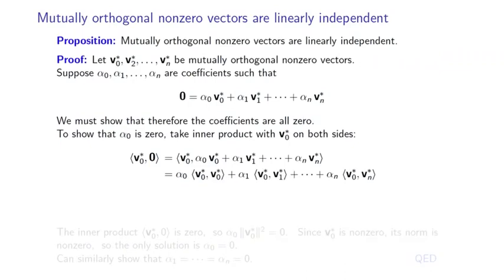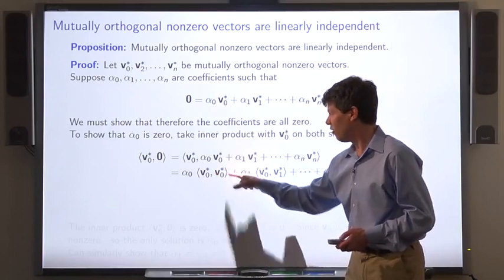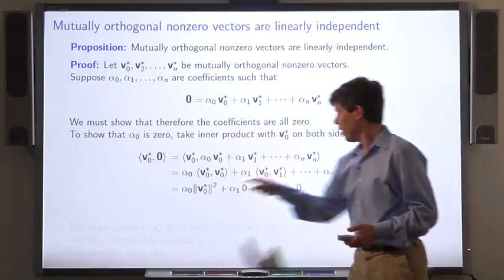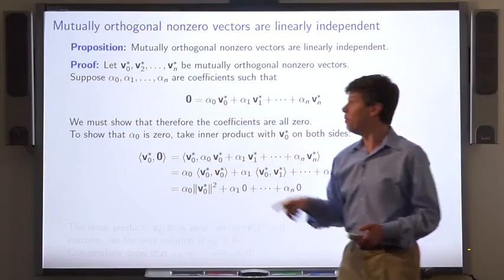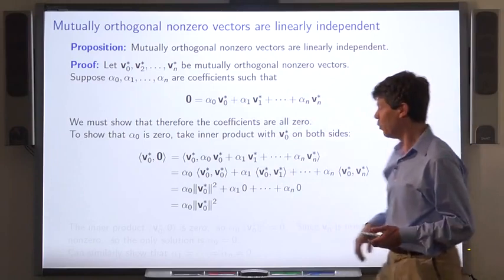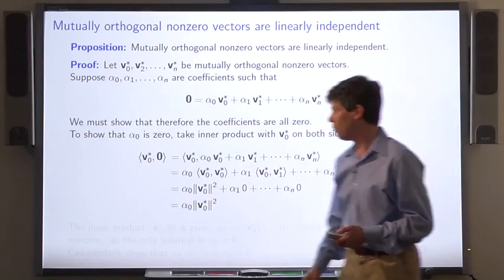So now let's look at each of these inner products. The inner product of V0 star with V0 star is the norm squared of V0 star. These other inner products are all 0 because the vectors are mutually orthogonal. So we end up with alpha 0 times the norm squared of V0 star.